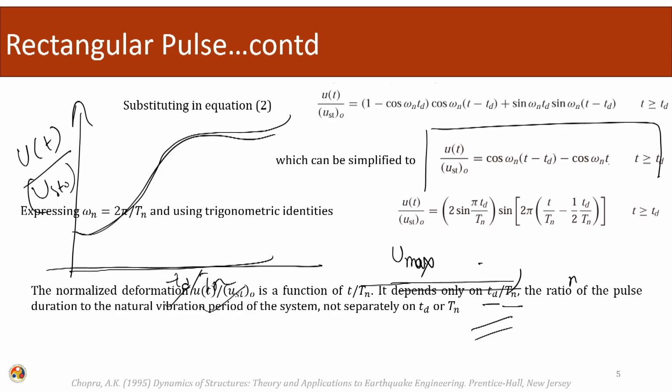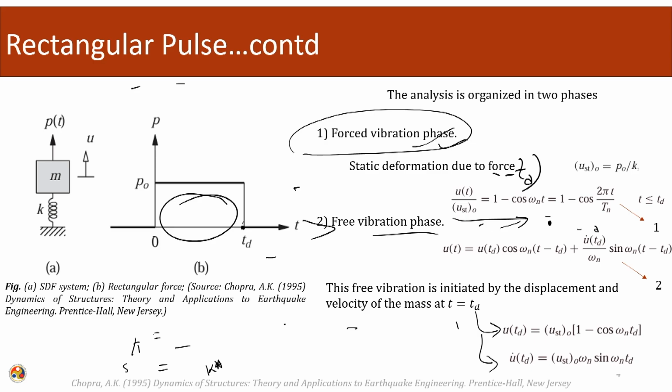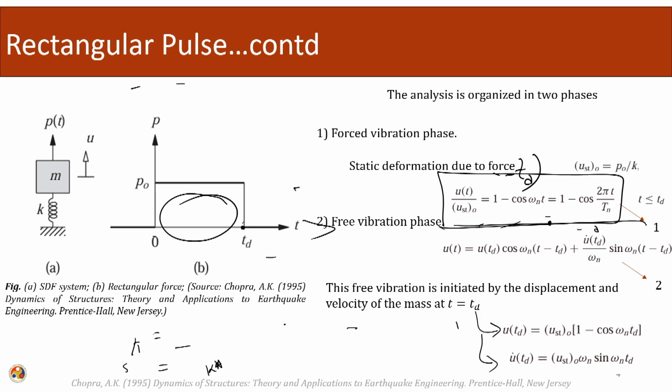So here in the earlier phase, we have the response of the system in the forced phase, and we have the response of the system in the free phase. If we differentiate, we can calculate the maximum response of the system in the two phases, and from there we can also calculate the absolute maximum response.